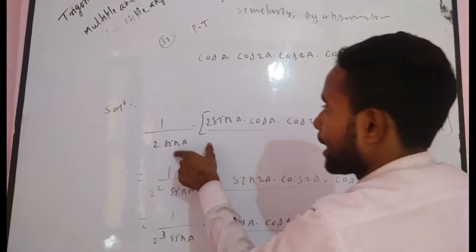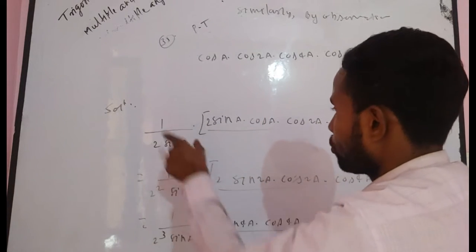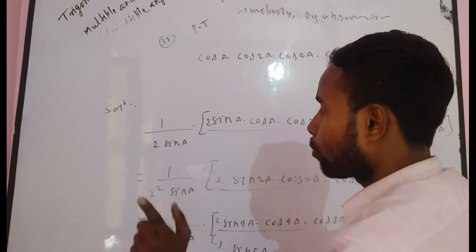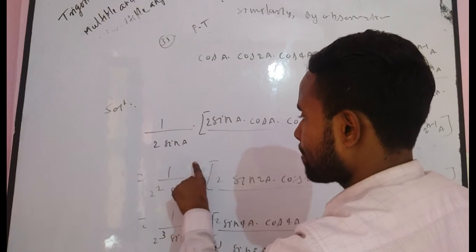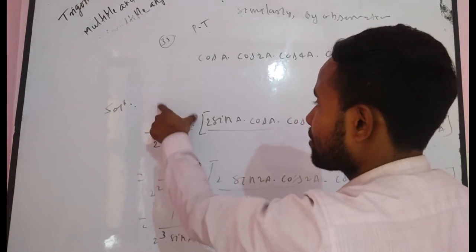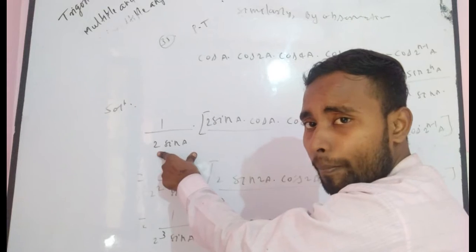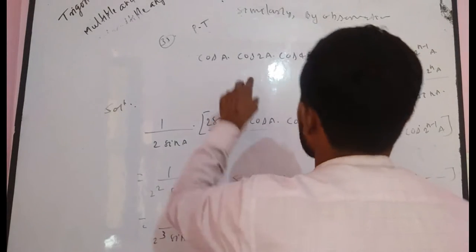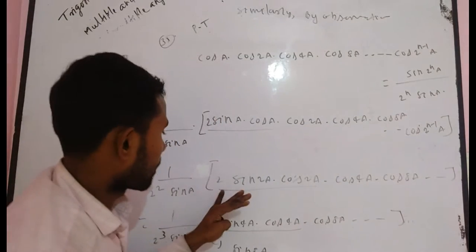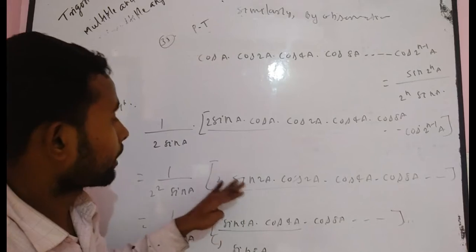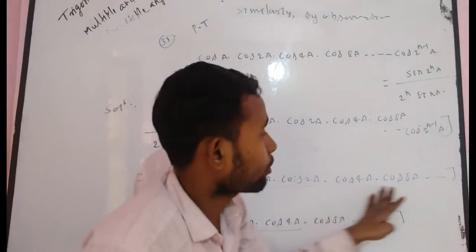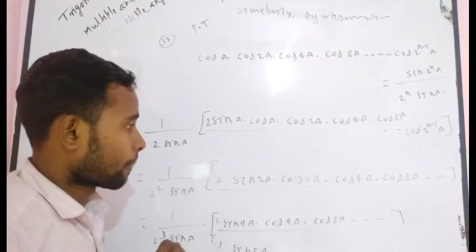If you want to get this expression, then in the first case you multiply only by 2, and you get 2 sin 2a cos 2a cos 4a cos 8a in this way.